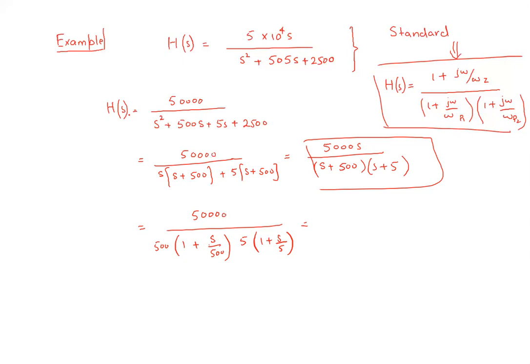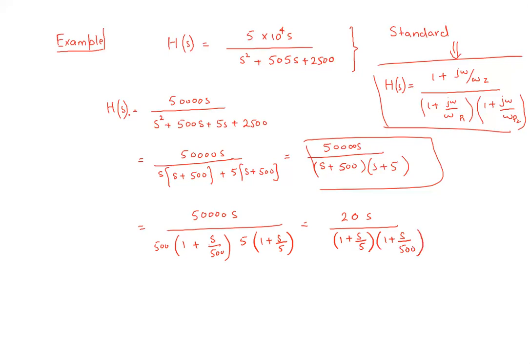So now what will be left? 50,000 divided by 2500, so we will be left with 20, and 20s. So we will have 1 plus s by 5 times 1 plus s by 500.